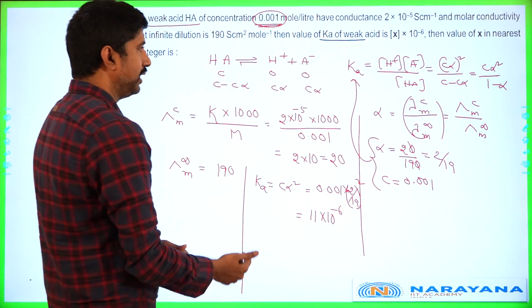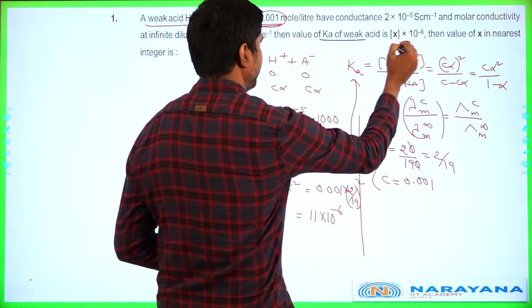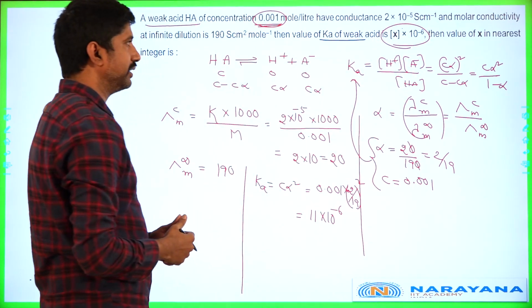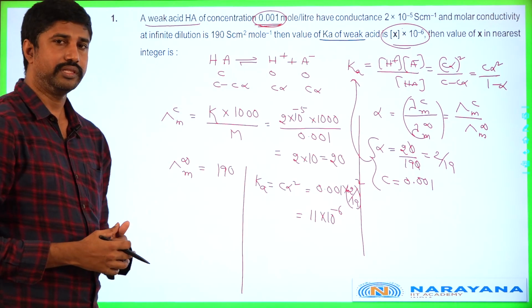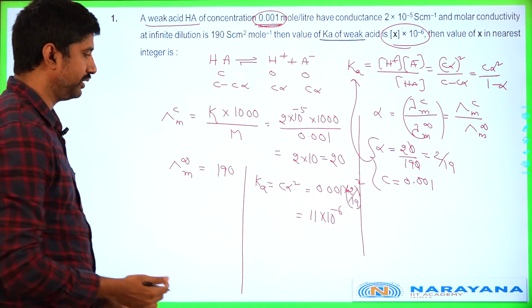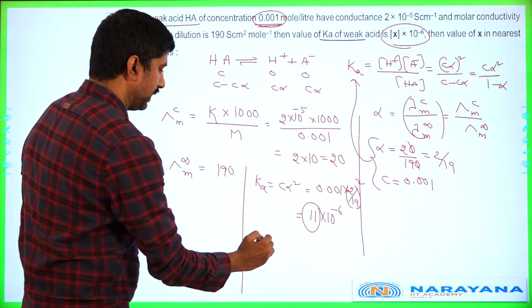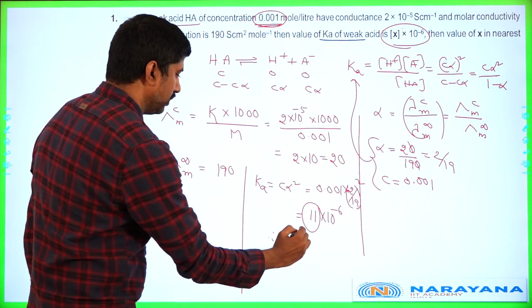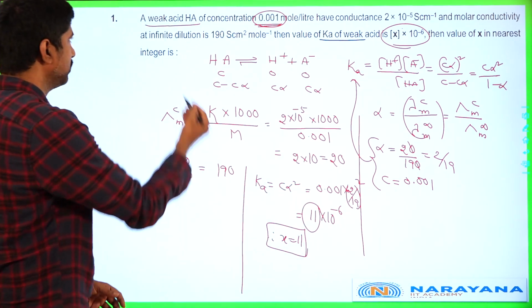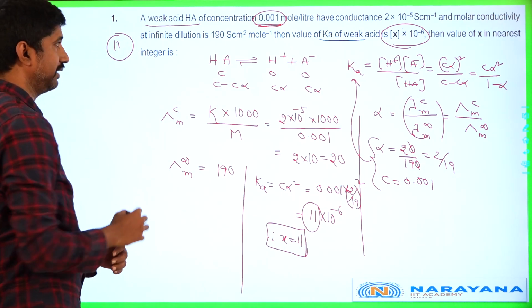So the Ka value was found to be 11 into 10 power minus 6, and they are asking for the value of x in the nearest integer. So the nearest integer x value will be 11. So x is equal to 11, and the answer for question number 1 is 11.